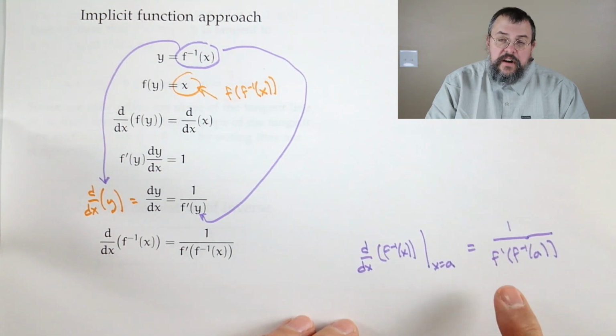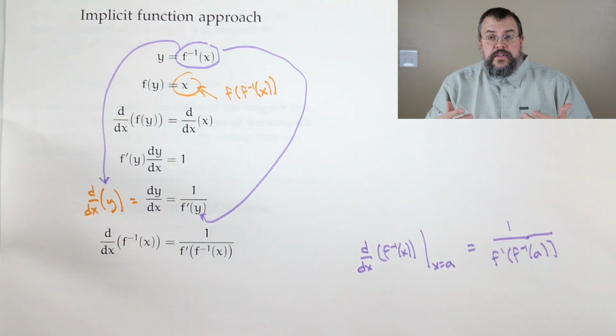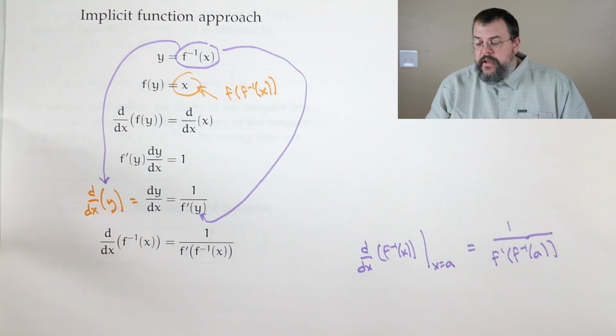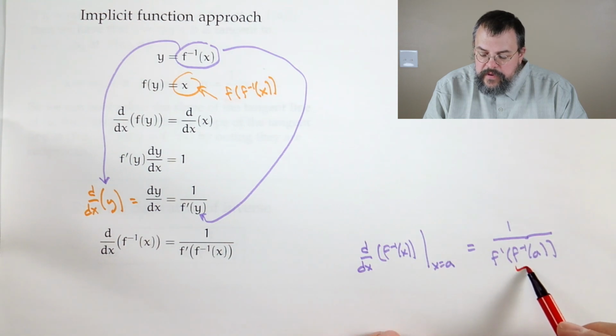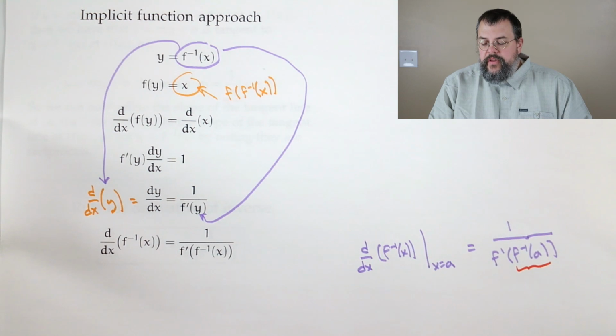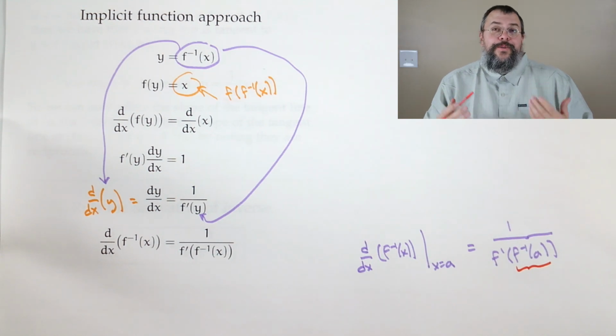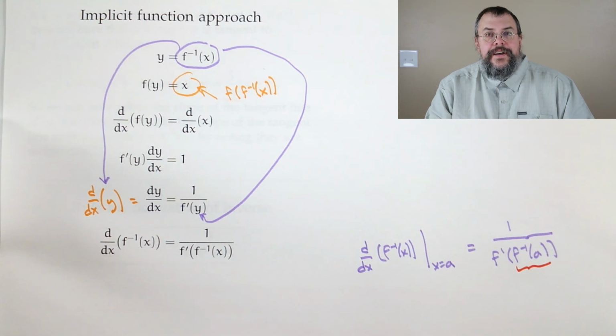And the good news is f prime is, generally speaking, pretty easy to compute because we know how to find derivatives of functions, and our function is usually not so bad to take a derivative of. So the real trick comes from figuring out what f inverse of a is, and then you're usually good to go. So it reduces the problem to saying, what's f inverse of a?